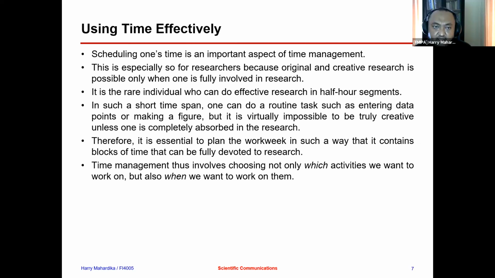It is the rare individual who can do effective research while also doing routine tasks. It is impossible to be truly creative unless one is completely absorbed in research.